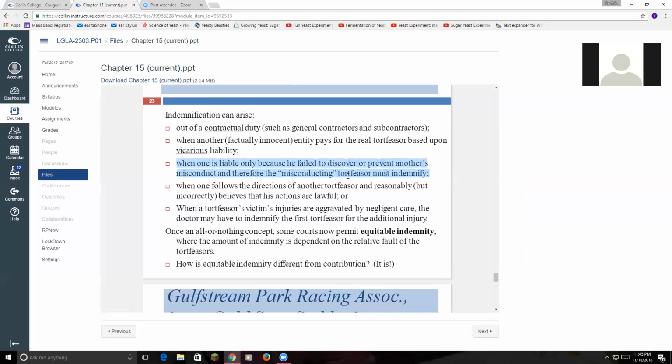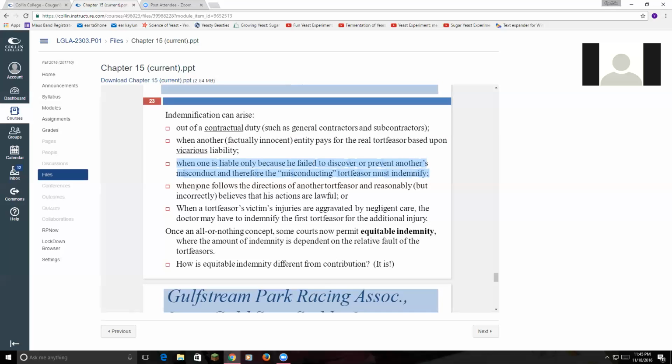Now, in that situation, if the misconducting tortfeasor is judgment-proof, obviously the first one, which I guess isn't vicarious liability exactly, is the one the plaintiff can sue and collect against in the case of the second tortfeasor being judgment-proof.